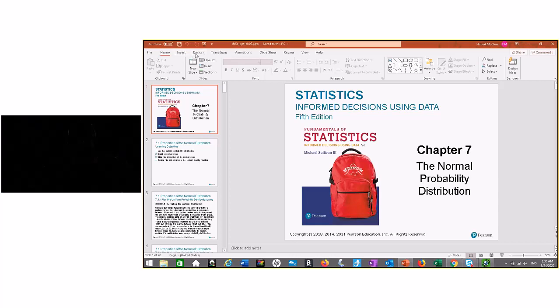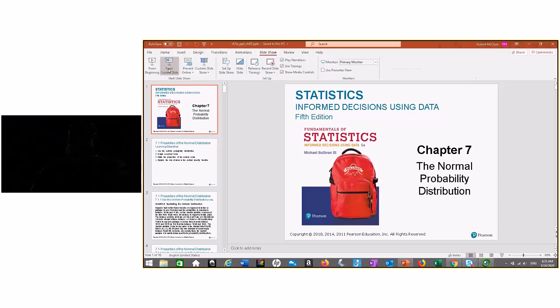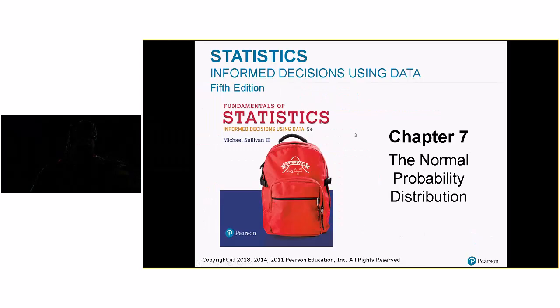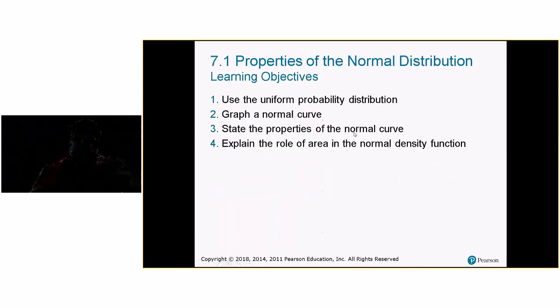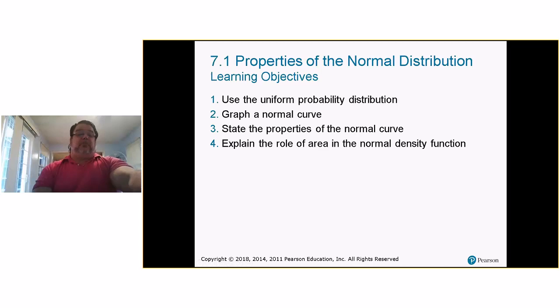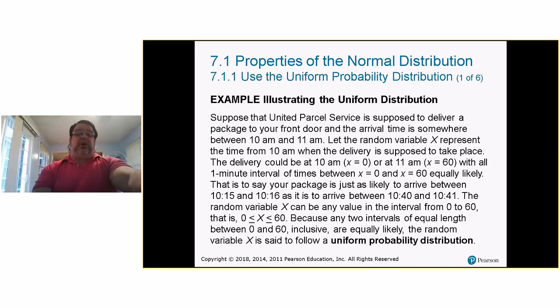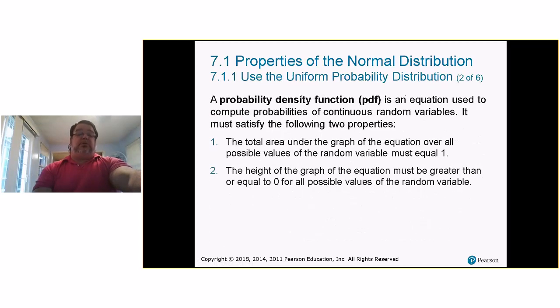So let's go ahead and hit slideshow. Area under a curve. I don't need to show you that. Don't need to show you that. Probability distribution. Okay, write that down. The probability density function, PDF. It's going to be called normal PDF in your calculator. Write that down. Normal PDF.